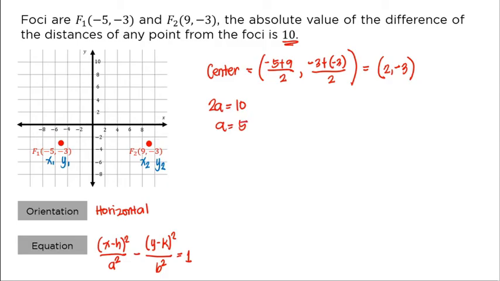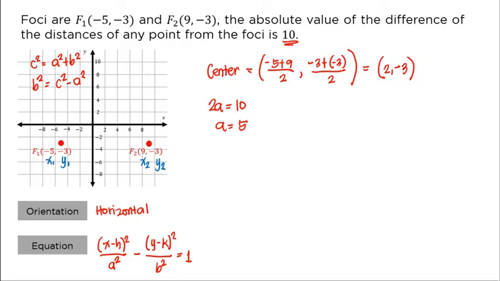Next, for b, we know that from the Pythagorean identity, c squared is equal to a squared plus b squared, right? So it follows that b squared is just c squared minus a squared. For us to solve for b, we need the values of c and a.